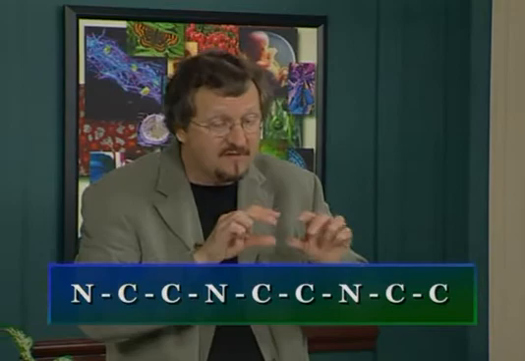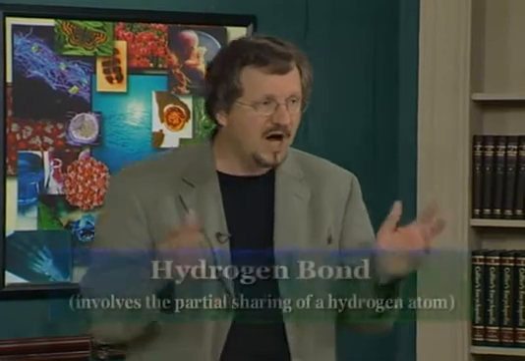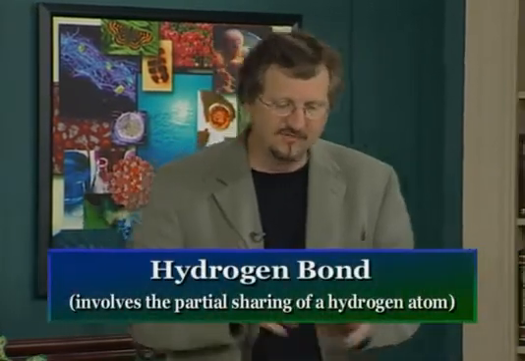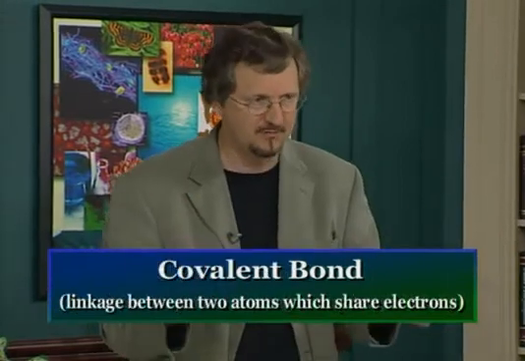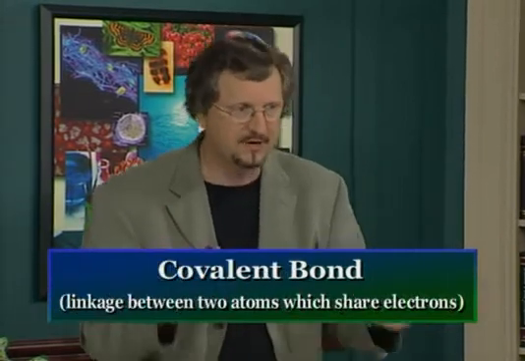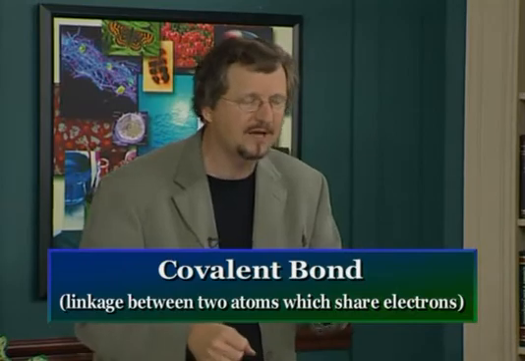And those nitrogens and carbons in the regular, invariable part of the amino acid can form weak molecular interactions with each other that we call hydrogen bonds. Now, I've already defined for you a covalent bond, which is a very, very strong chemical bond that once built is hard to break. Hydrogen bonds, by contrast, are very weak chemical bonds.